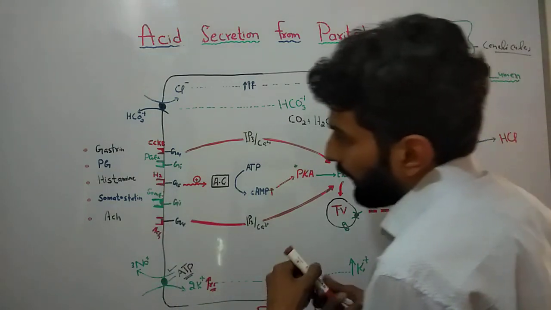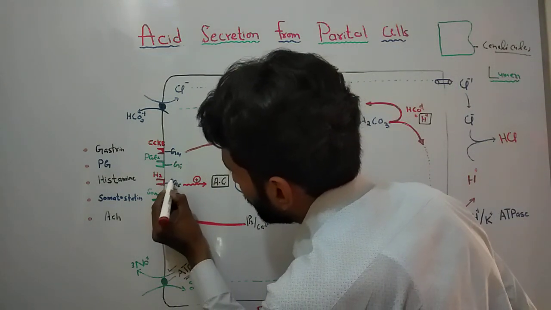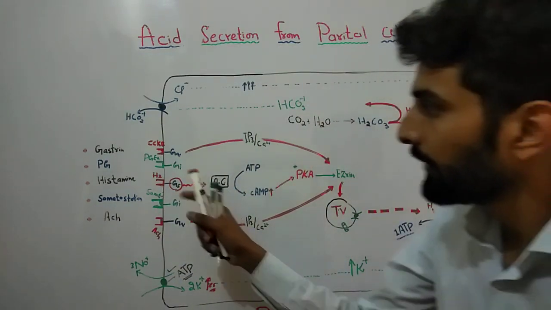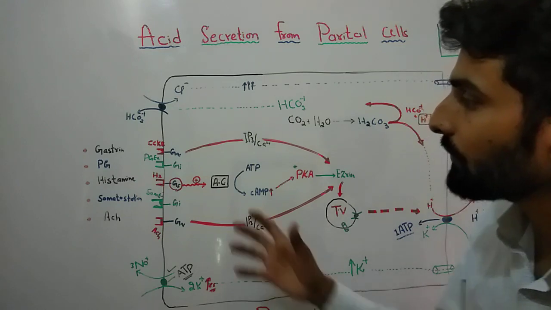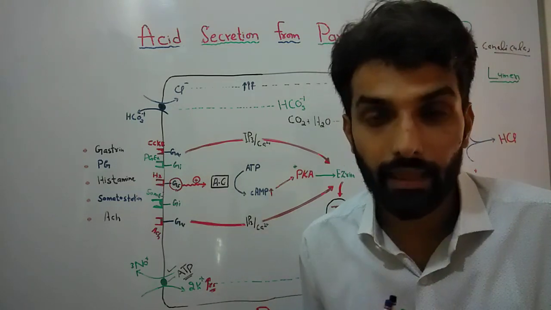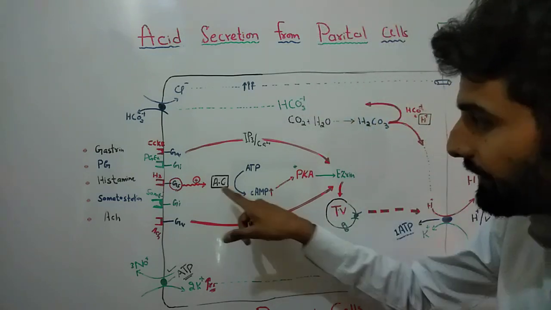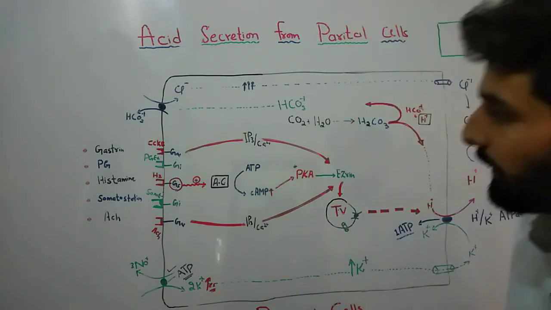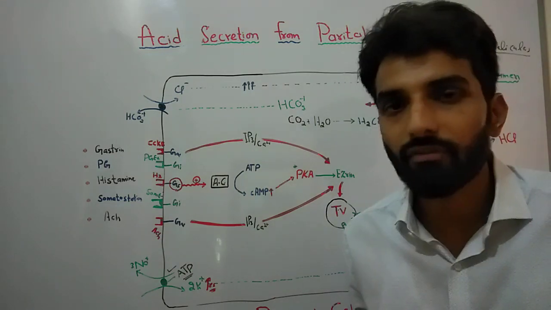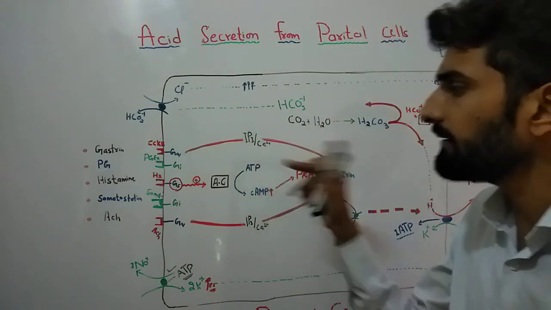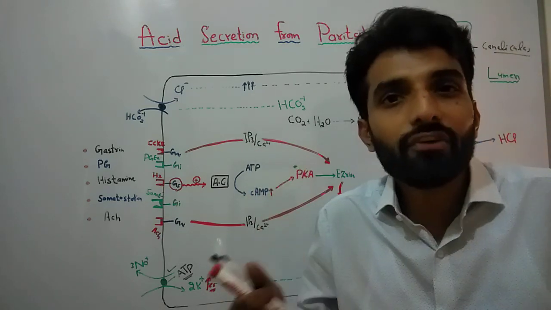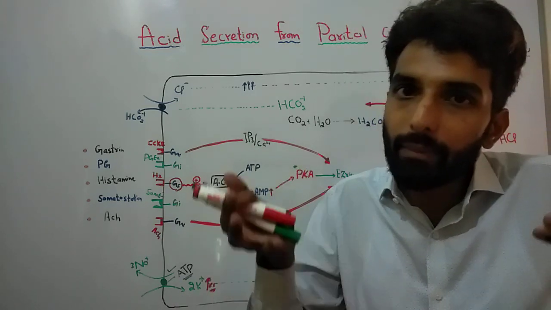H2 receptors are linked with the Gs protein, and when the Gs protein gets activated, it will ultimately activate the enzyme adenyl cyclase. This adenyl cyclase will convert ATP, adenosine triphosphate, a nucleotide, into cyclic AMP, and the concentration of intracellular cyclic AMP will increase.